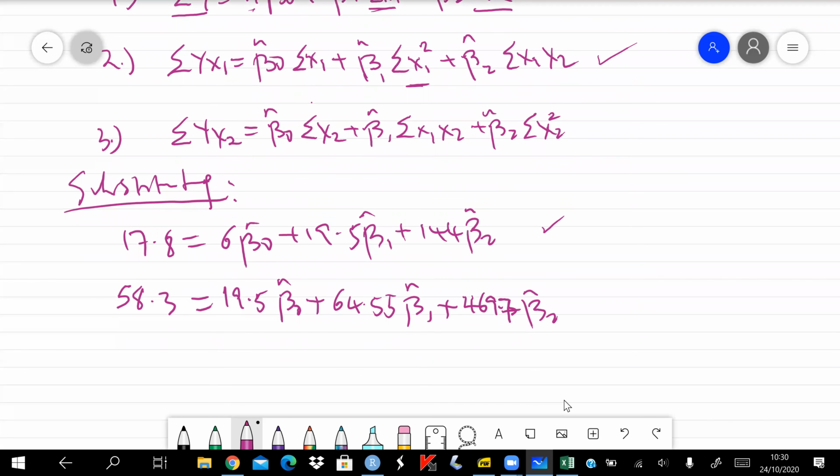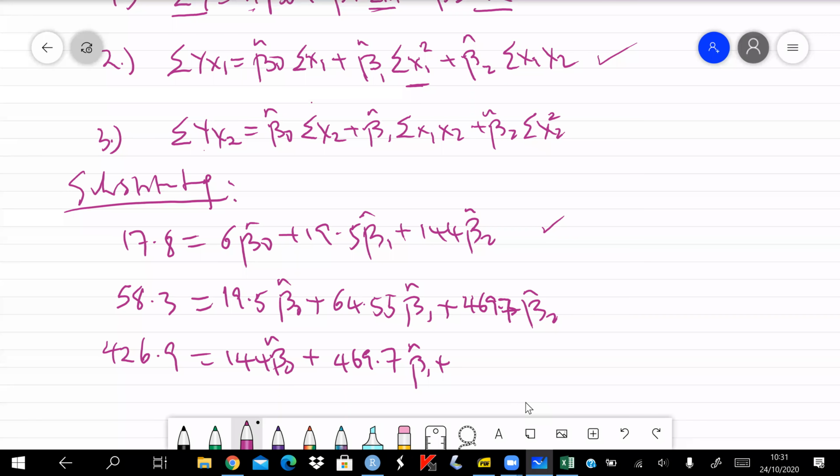And the last normal equation will be given by summation of y times x2. This will give us 426.9, which is equal to the summation of x2, which is 144, beta naught estimate, plus x1 times x2, which is 469.7 beta 1 estimate.